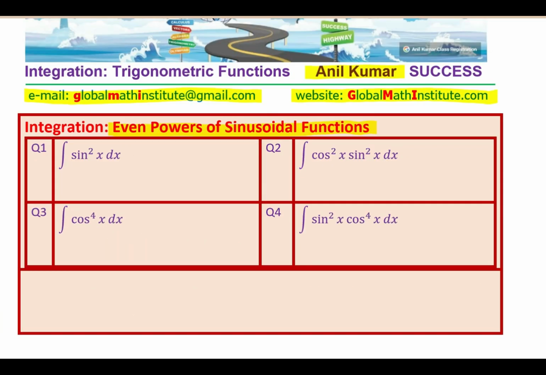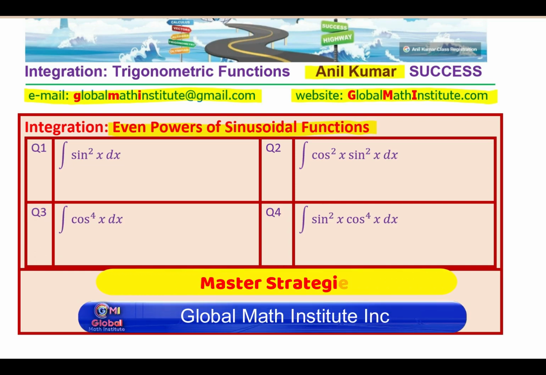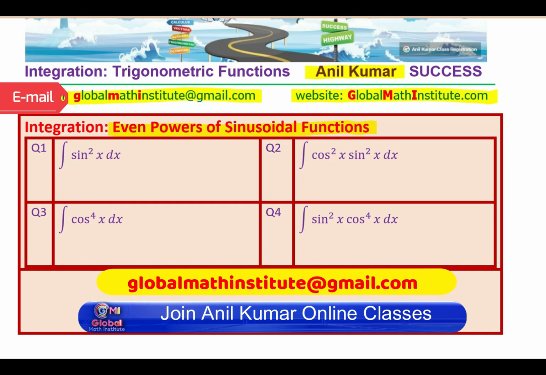Now, let's try to understand how we integrate these functions. Well, we know the integral of sine x, cosine x, or sine of ax plus b. Whenever the powers are there, we need to simplify them first.